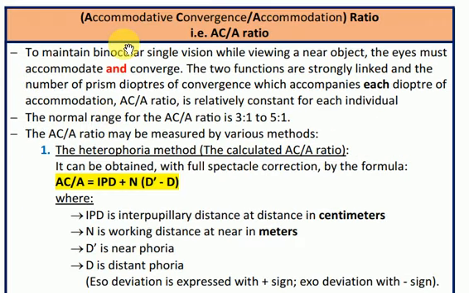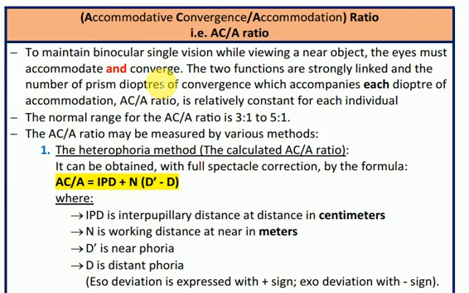This topic is the accommodative convergence to accommodation ratio, AC/A ratio. In order to view a near object, the eyes must not only accommodate to ensure a clear retinal image, but also converge to maintain binocular single vision.